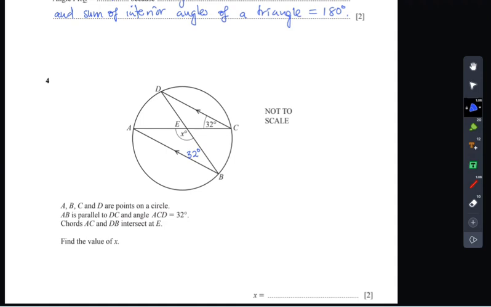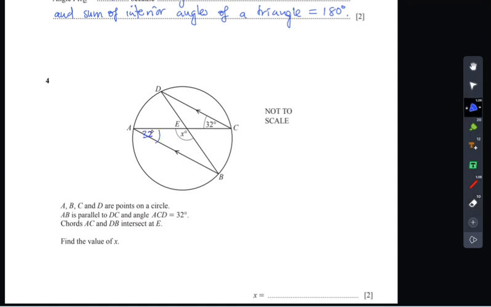Is there anything? AB is parallel to DC, and wait, I made a mistake there. Sorry about that. Right, this is alternate to this, so this is 32 degrees using alternate angles.